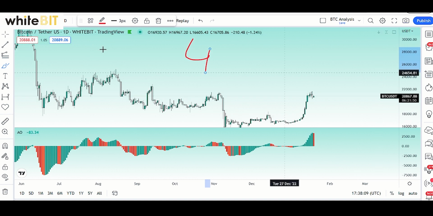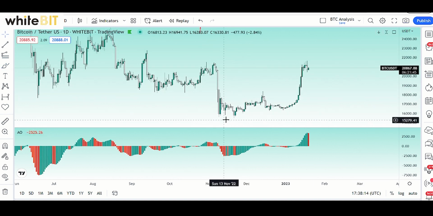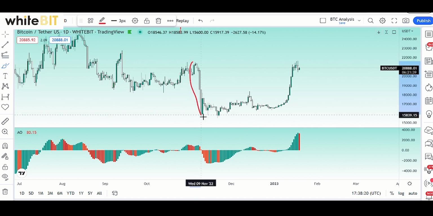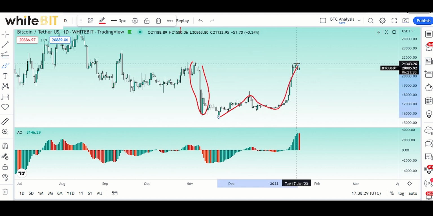Which structure does this wave have? Let's consider this wave as an impulsive wave, because wave C is usually impulsive. It was wave C, it was an impulsive wave, and now we are in wave C, which is also impulsive. It was wave 1, wave 2, and now we are in wave 3.